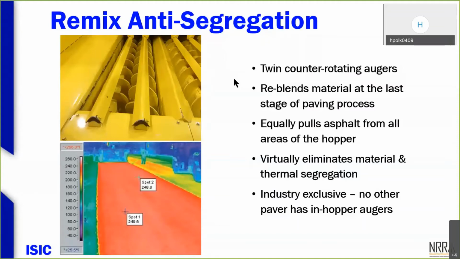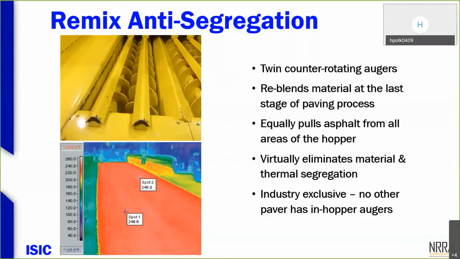Also, I'd like to point out, Todd, you talked about the centerline segregation, something that we as manufacturers are constantly trying to eliminate, and you're fighting it. There are things that can happen. Deflector plates can get bent. There's always been a problem with that dead zone in the center of the screed.